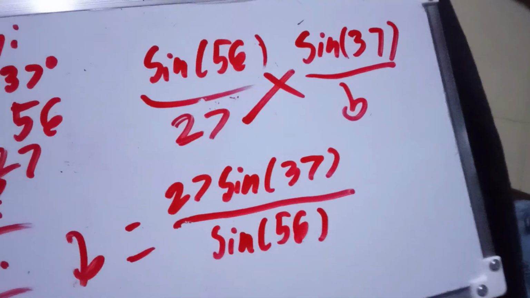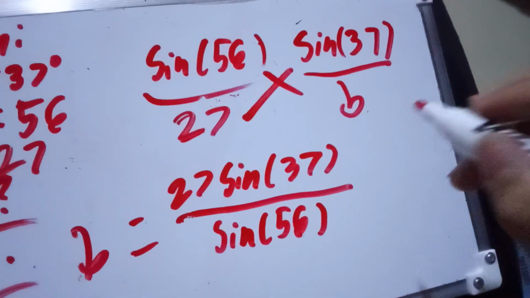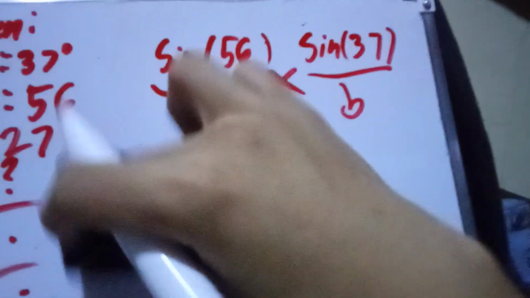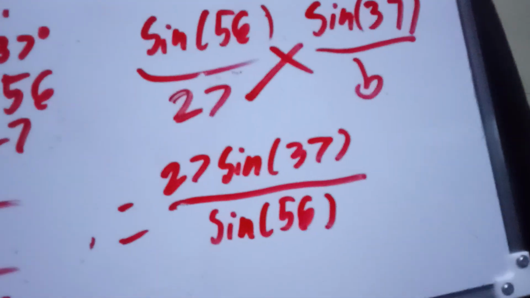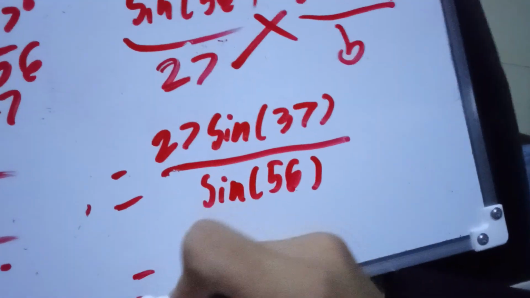Because we gotta isolate the unknown, aka the one that doesn't have a number. Let me just erase this so you can get space. The only thing we have to do here is just divide so we can get the answer directly.